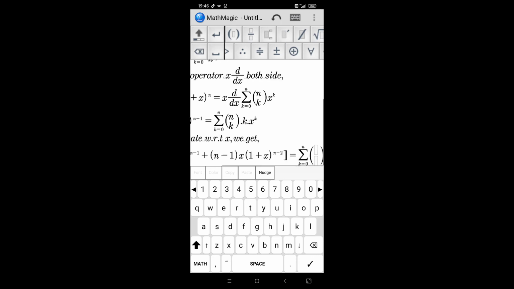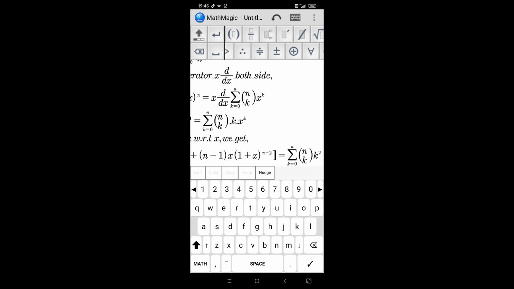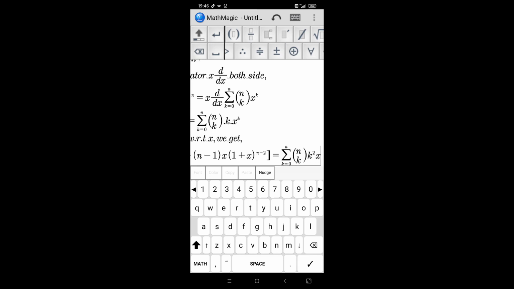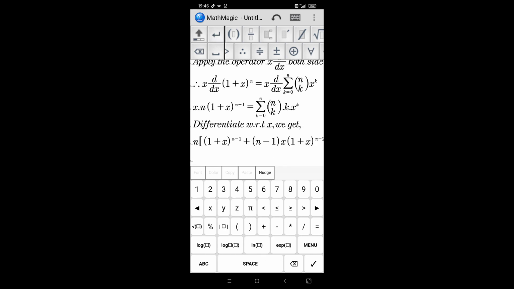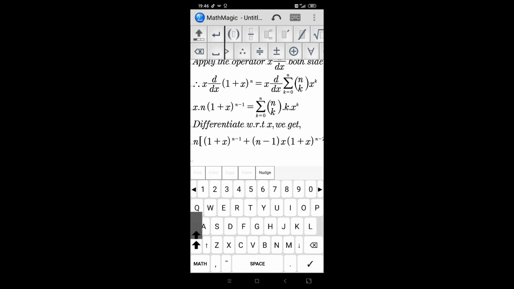Since differentiation is done with respect to x, the combination will be constant. The sum from k equal to 0 to n of combination of n k into k square into x to the k minus 1. So if you differentiate x to the k, we get k, and the coefficient becomes k square.